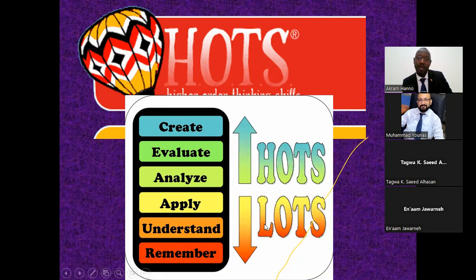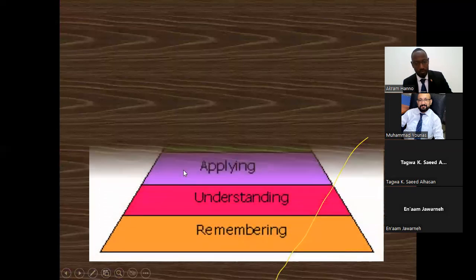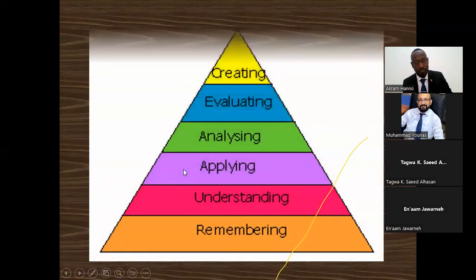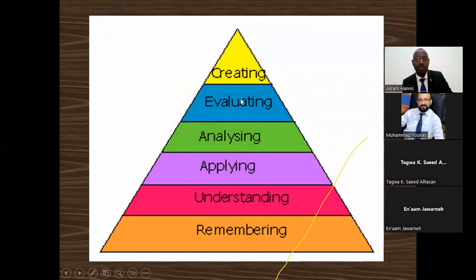LOTS refers to low order thinking skills. So these are the high: when a student can create, evaluate, and analyze, and we have applying, understanding, and remembering.